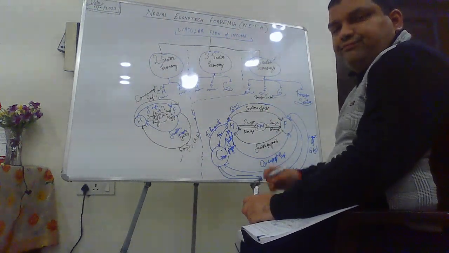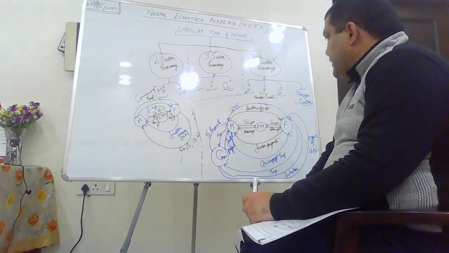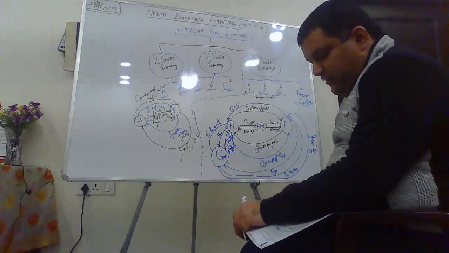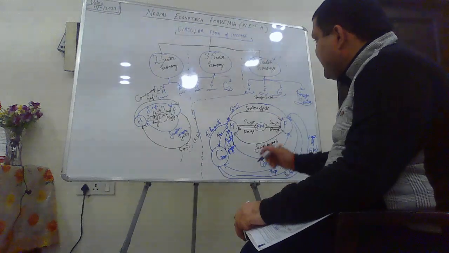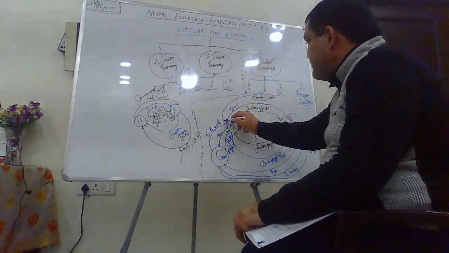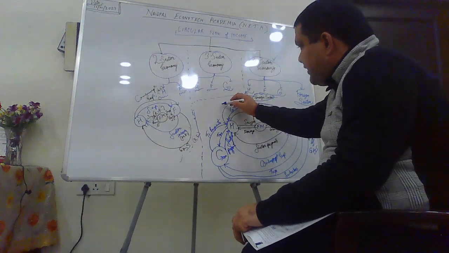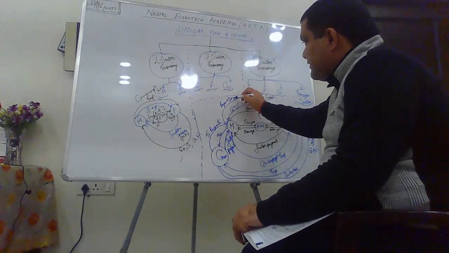So, in case of the foreign sector, which basically deals with imports and exports, the foreign sector also has to make the payments for the factor services. It has to make some payments to the households, and that is the payment for factor services.